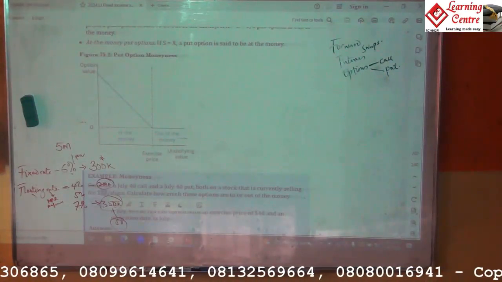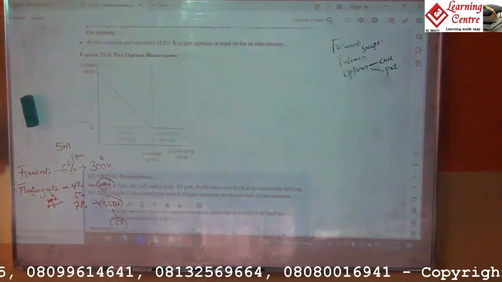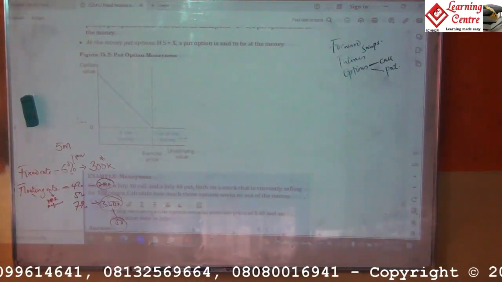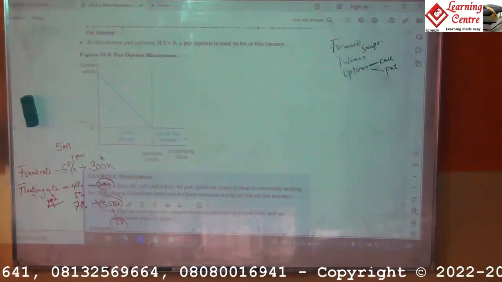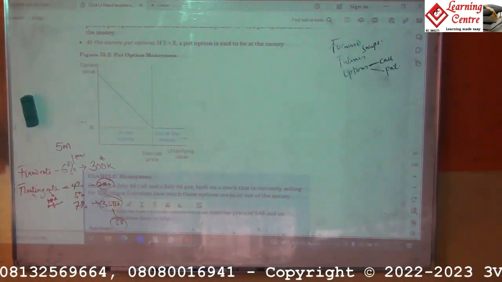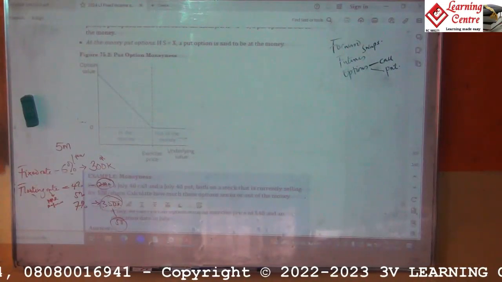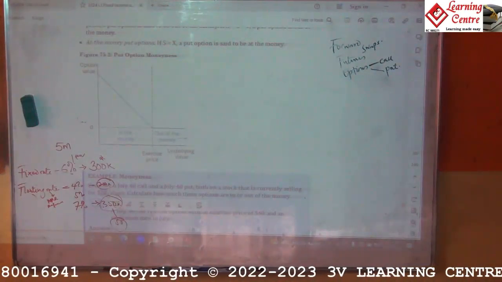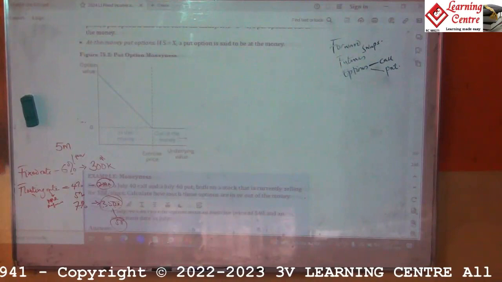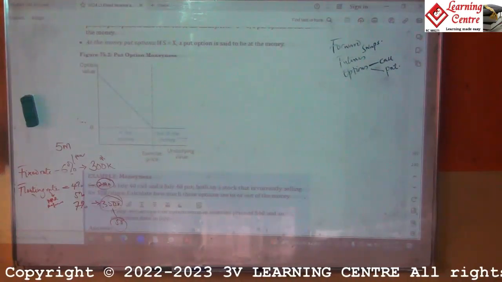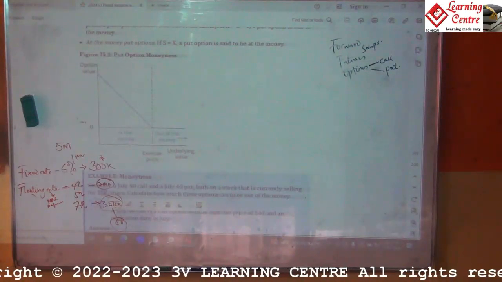Will I go ahead with the option or not? I will not go ahead with the option. I will not exercise the option because I am out of the money. Because I can say, okay, I'm not doing it again. Let me go and buy it at $37. So this option will lead to an out of the money for the call option.